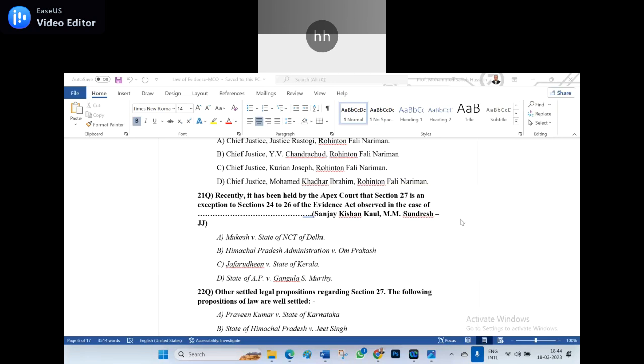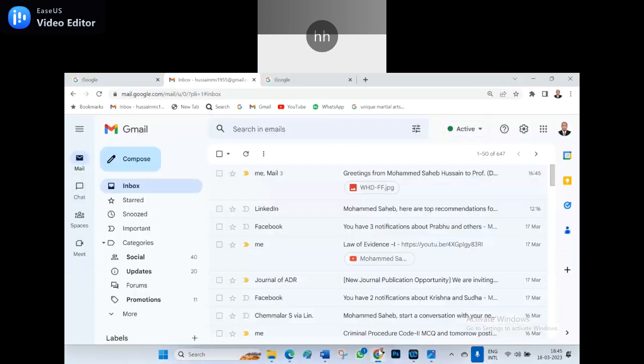Now, many times I asked, what is meant by NCT? I told you several times. National Council for Transport? T for territory. N, C for what?